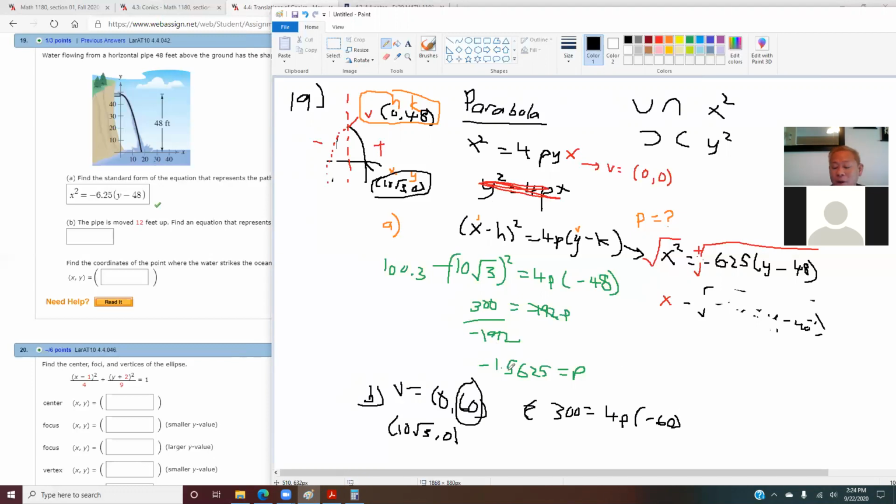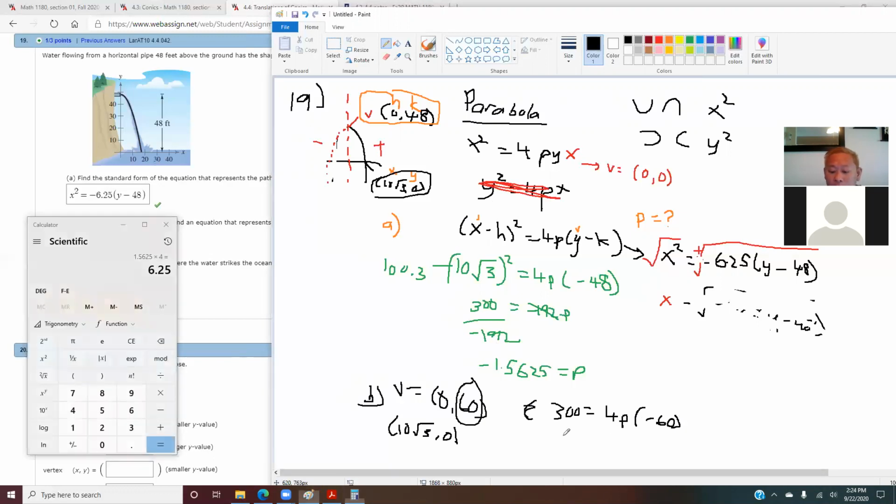So you repeat what you did here. On the calculator, 4 times 60 is 240, so it's 300 divided by negative 240. That's your p. 300 divided by 240 is negative 1.25.